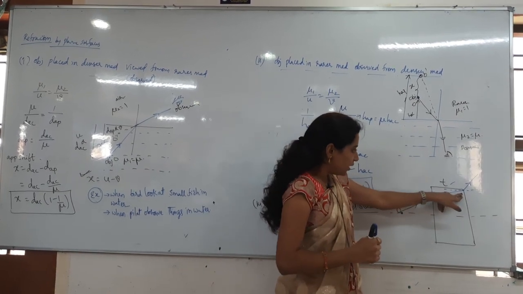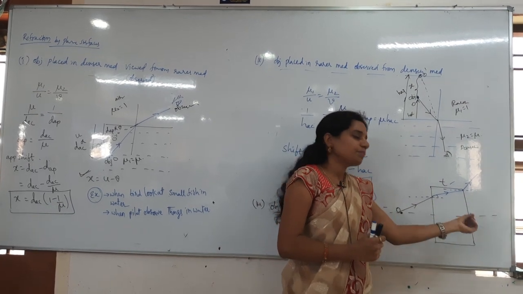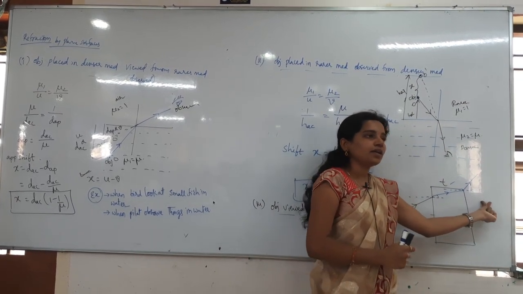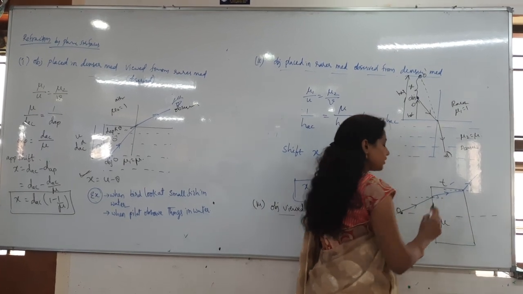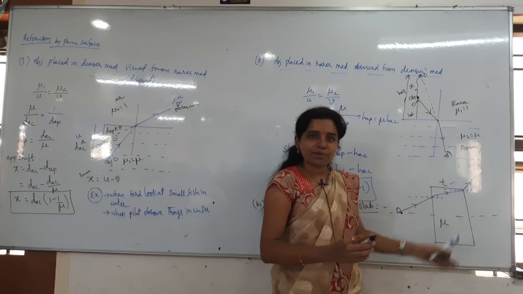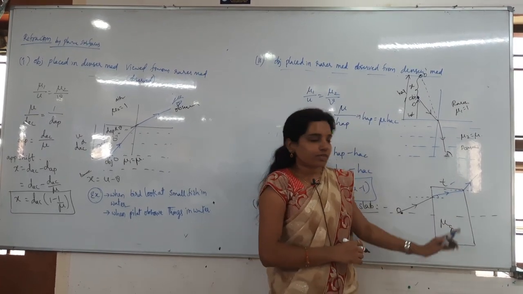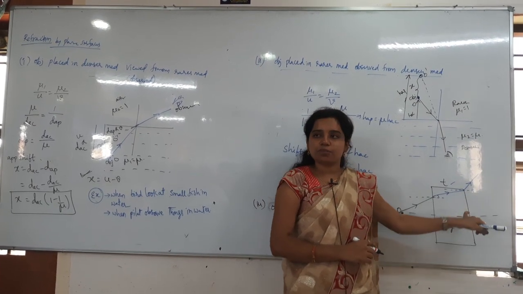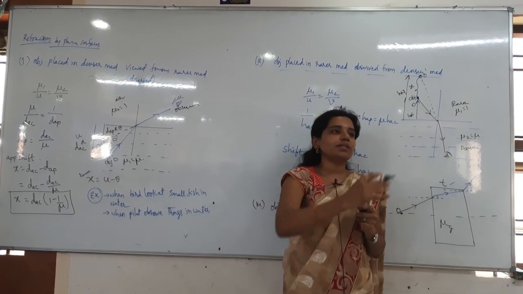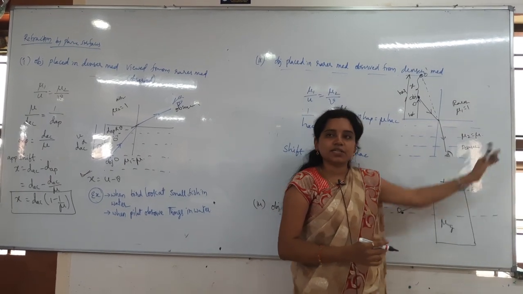Then after that it is crossing the glass slab also. This is another boundary which is separating the denser medium and rarer medium. Let me take this medium as having the refractive index mu. Obviously glass slab I have taken, I can take it as mu g, mu glass. Then again light is coming out of the glass. Out of the glass means this is a boundary coming from the denser medium to rarer medium. Then what happens? It will bend away from the normal. It is bending like this.